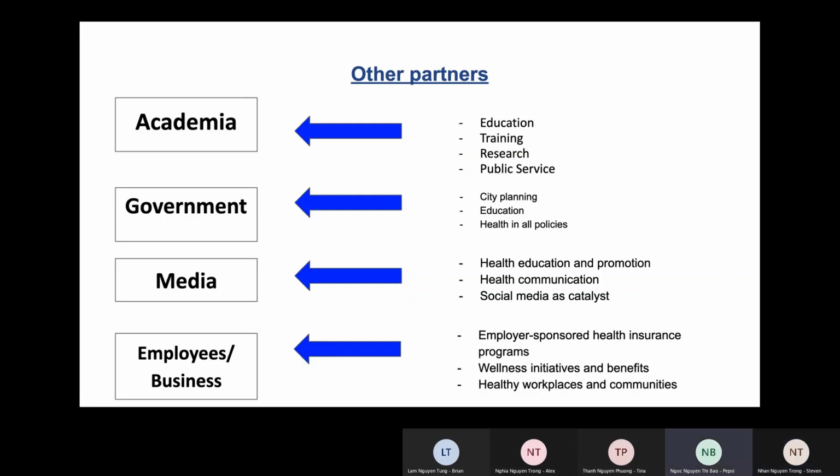Among the other partners, academia includes education, training, research, and public service. Second, government includes city planning, education, and health policy. Third, media includes health education and promotion, health communication, and social and cultural media.